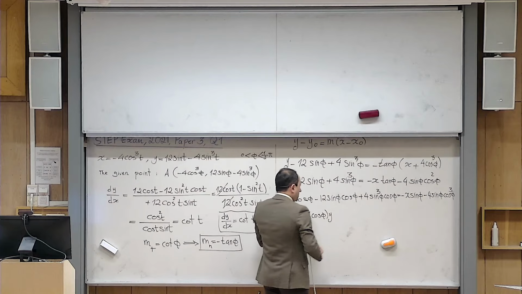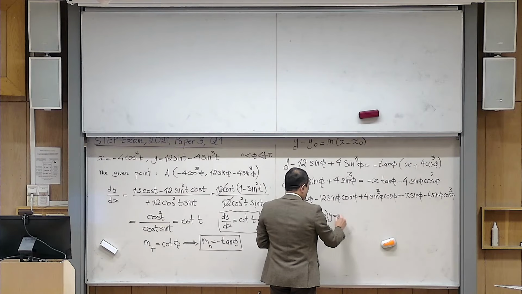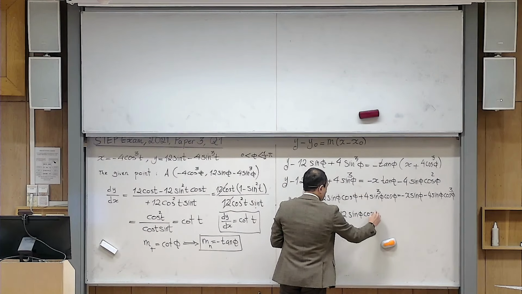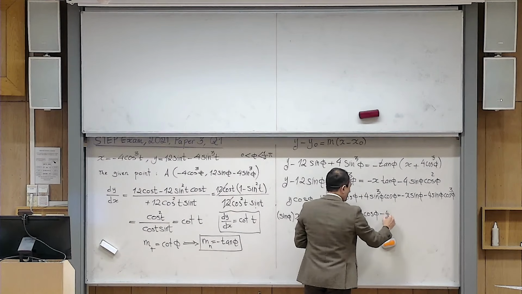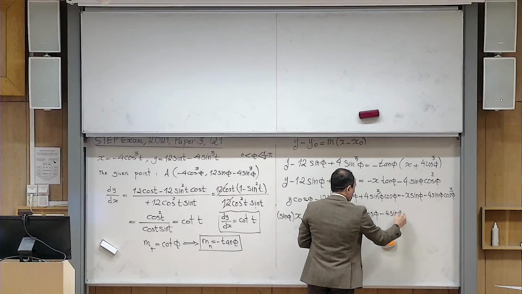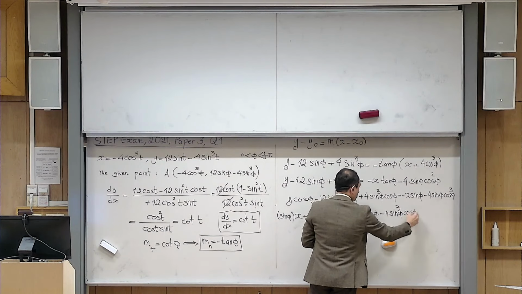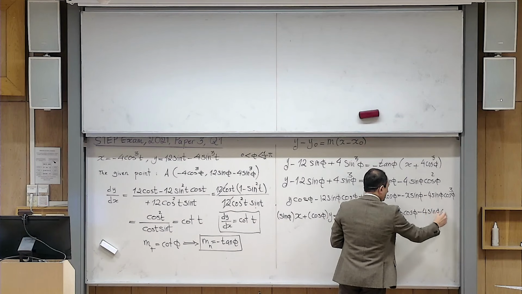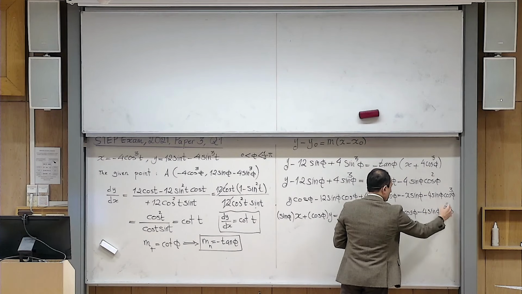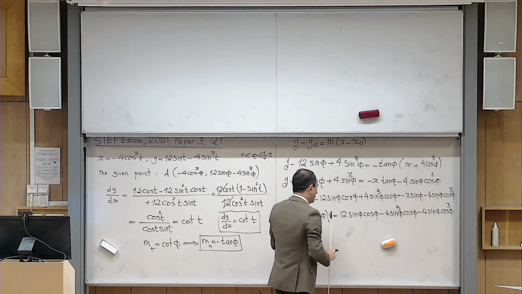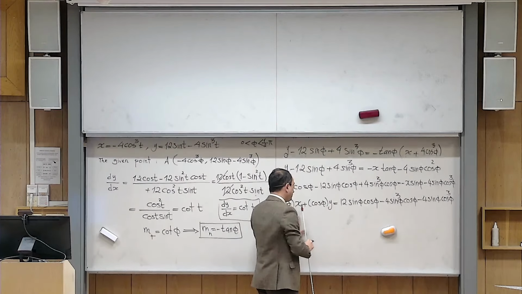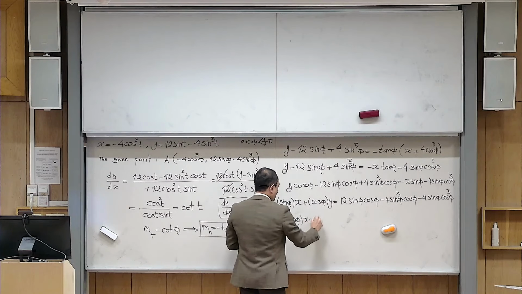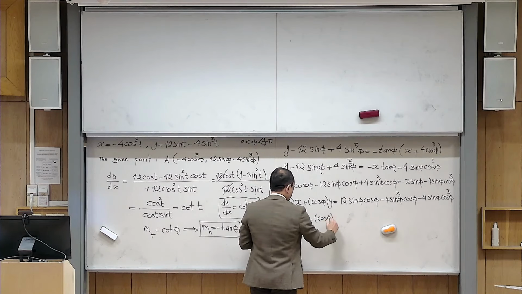So I move this to the other side, so it becomes 12 sine phi cosine phi, and I move this to the other side, minus sine phi cubed cosine phi, and then I have minus 4 sine phi cosine phi cubed. One more step, so sine phi x plus cosine phi y.